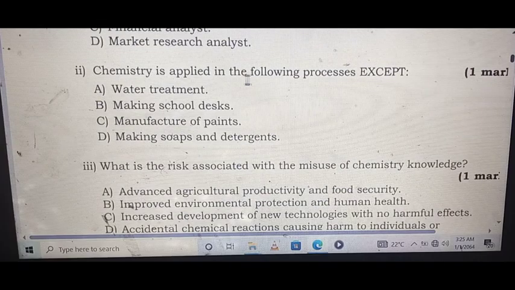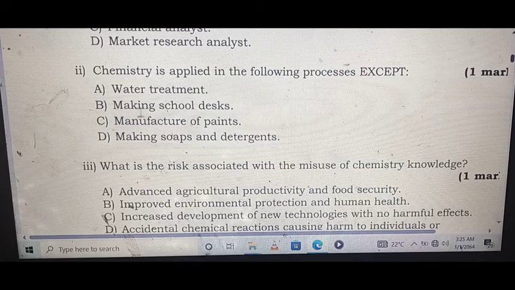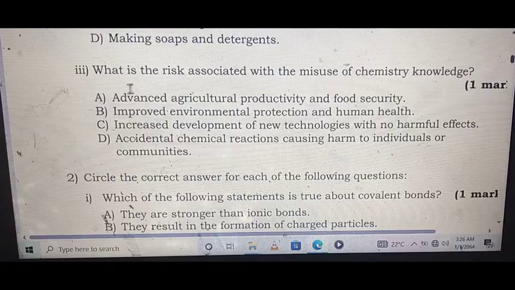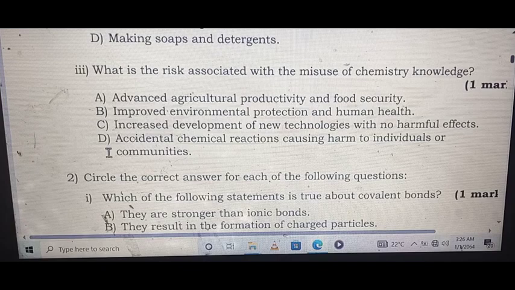Chemistry is applied in the following process except. The correct answer is letter B, making school desk. 3. What is the risk associated with the misuse of chemistry knowledge? The correct answer is letter D, accidental chemical reaction causing harm to individuals or communities.